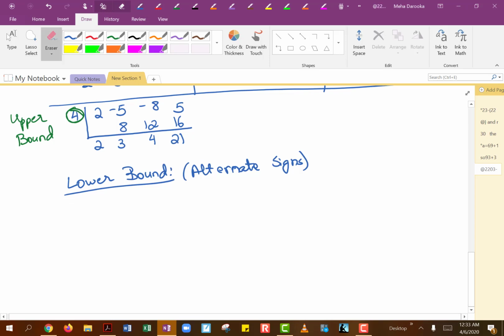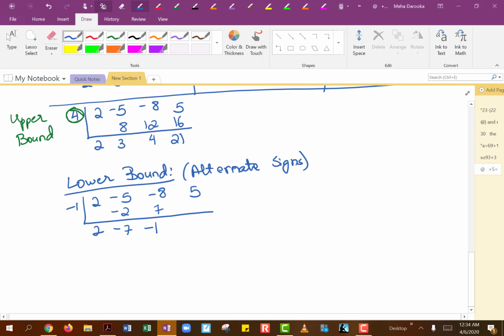Okay, so again we have 2 minus 5 minus 8 positive 5. Bring down the 2. 2 times negative 1 is negative 2. Negative 5, negative 2 is negative 7. So we're alternating so far. Negative 7 multiplied with negative 1 will be positive 7. Negative 8, positive 7 gives us negative 1.